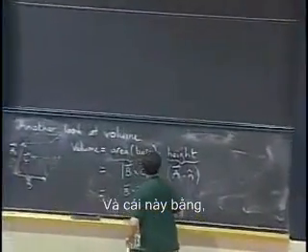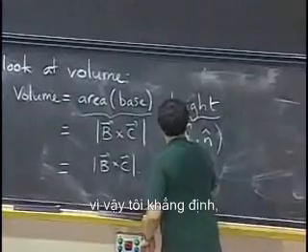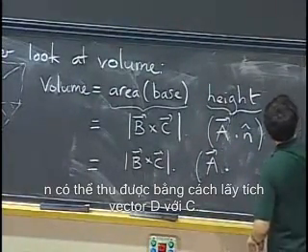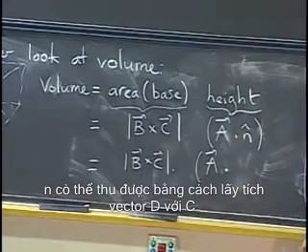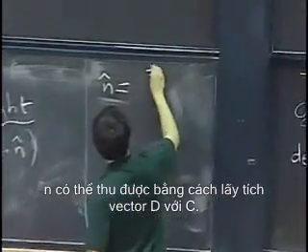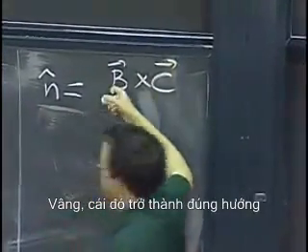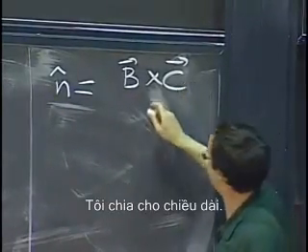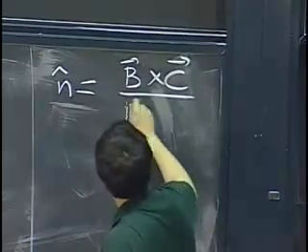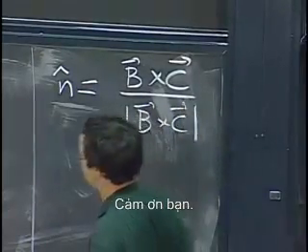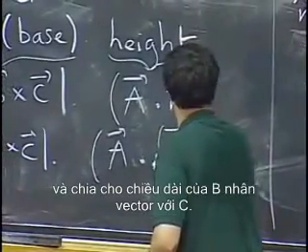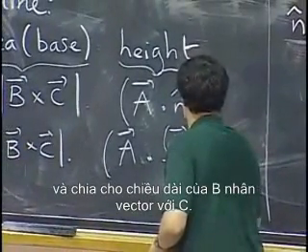And this one is, so I claim, I should do an aside here, n can be obtained by taking b cross c. Well, that points in the right direction, but it's not a unit vector. How do I get a unit vector? I divide by the length. So I take b cross c, and I divide by length of b cross c.